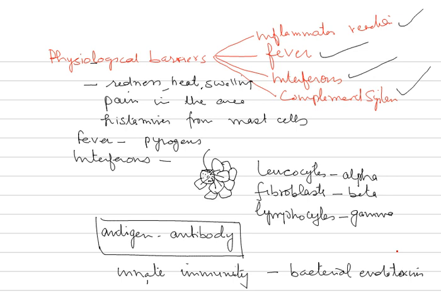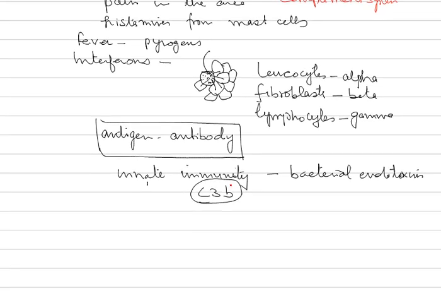Here we find that C3b is seen to have the most important opsonizing activity. Then inflammation by attracting macrophages and neutrophils, and thirdly by membrane attack by rupturing membranes of the foreign cells.